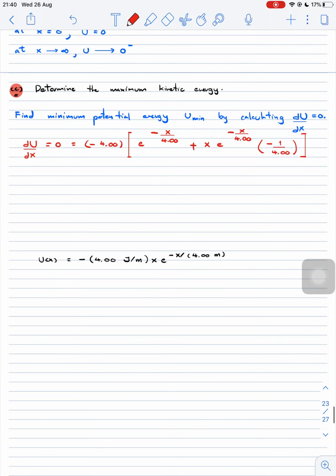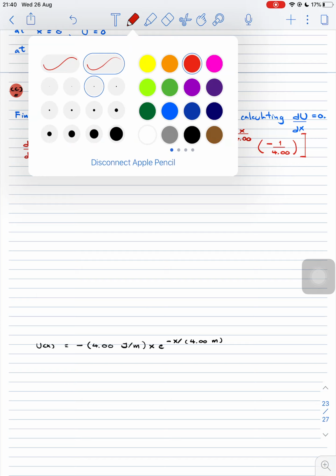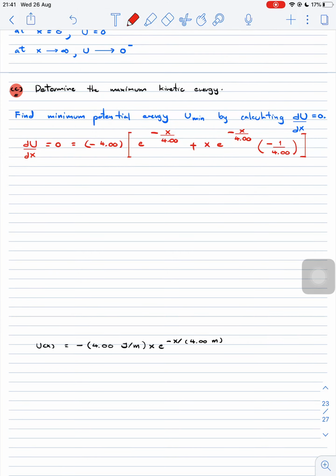Now we can just simplify. We have the negative 4.00, and we can bring the exponential out of the parentheses.